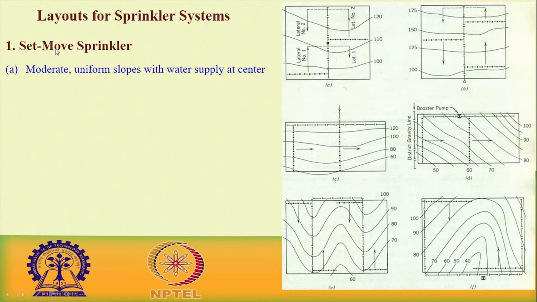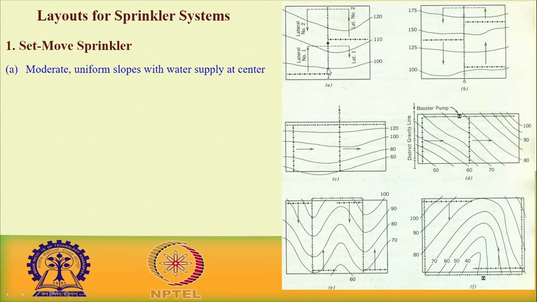In case of A, it is running with a moderate and uniform slope, where the water supply is at the center, and the pump is attached with the source of water supply, and then the main pipeline is attached with the pump. Laterals are attached with the main pipeline on either side.